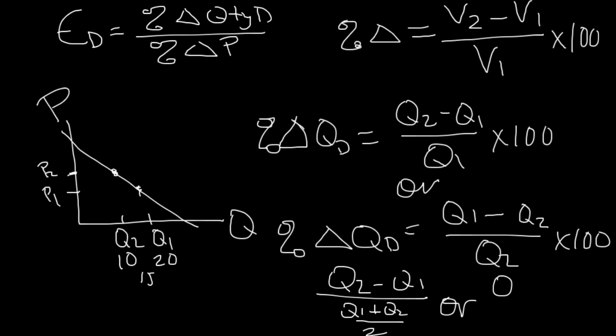Or I can do Q1 minus Q2 if I'm wanting to be consistent in that direction, and now I'm going to take it with respect to Q1 plus Q2 over 2. Okay? Now, I'm going to show you the whole formula in just a sec, but just realize that what we are doing here with this whole discussion was just working on this part of the formula. So I'm going to need to do something similar to this to get that. So let's look at that now.